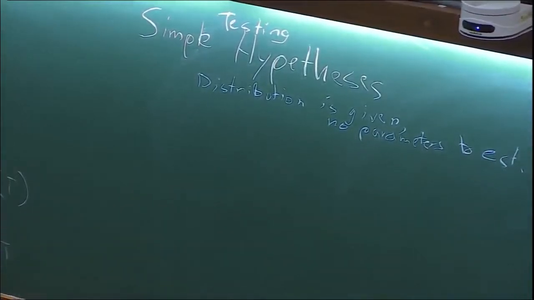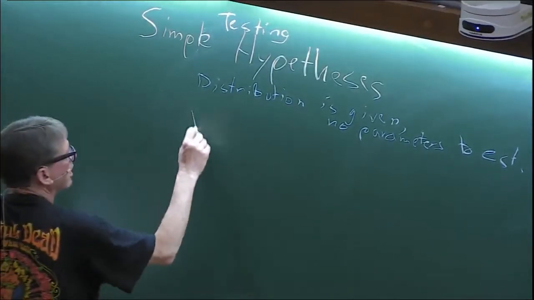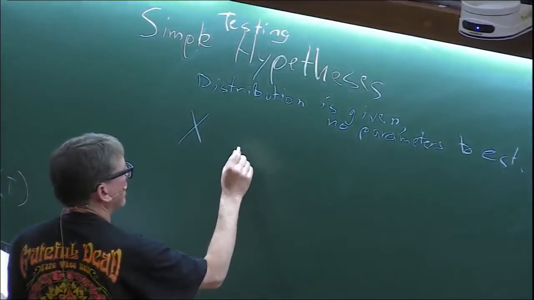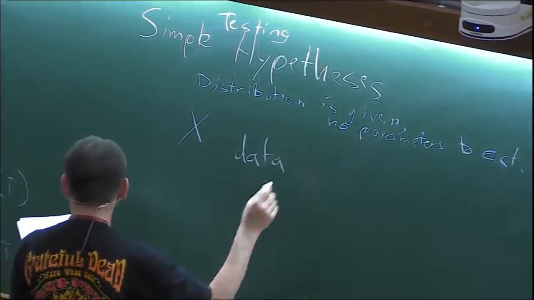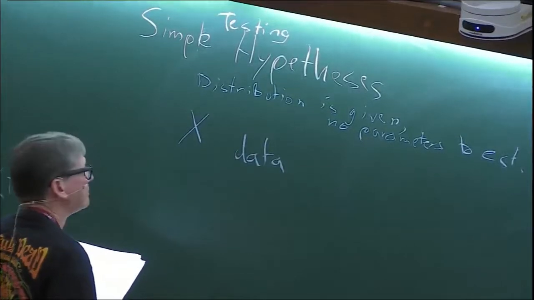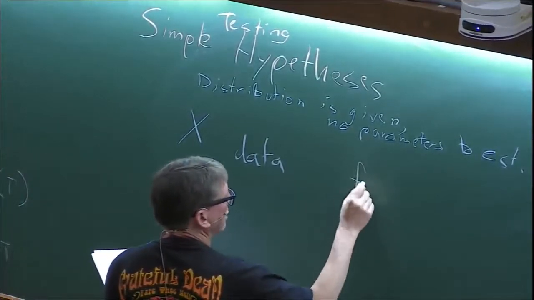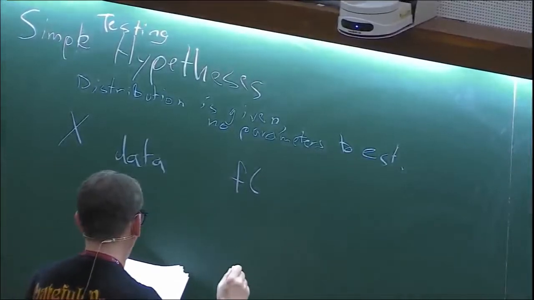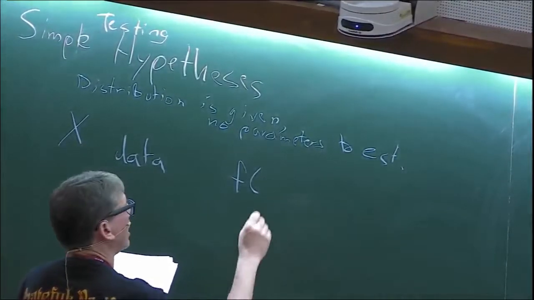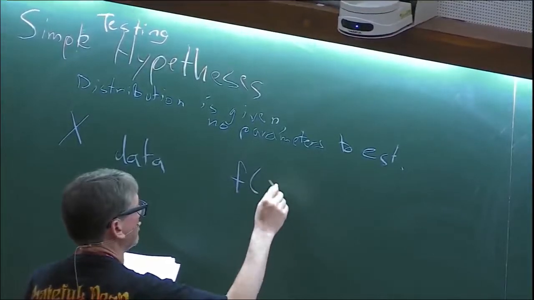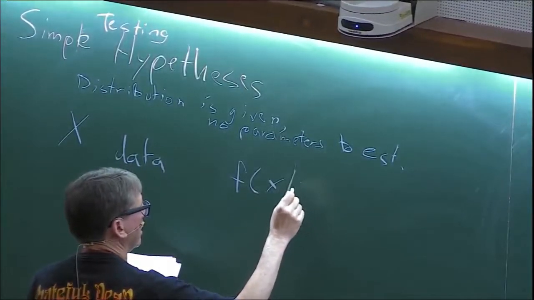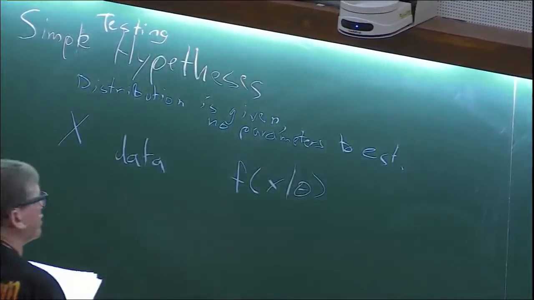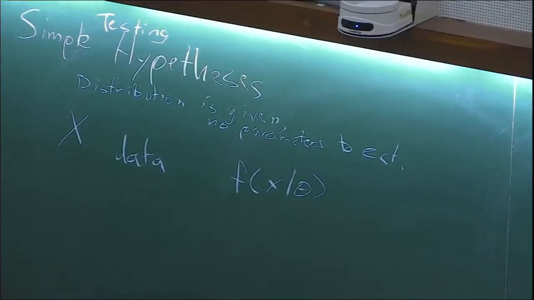As usual, we have some data, X. And then we have the model. This could be the theta hat for maximum likelihood, but we're going to have some kind of model given by theta, given X. And now we want to distinguish between two models.